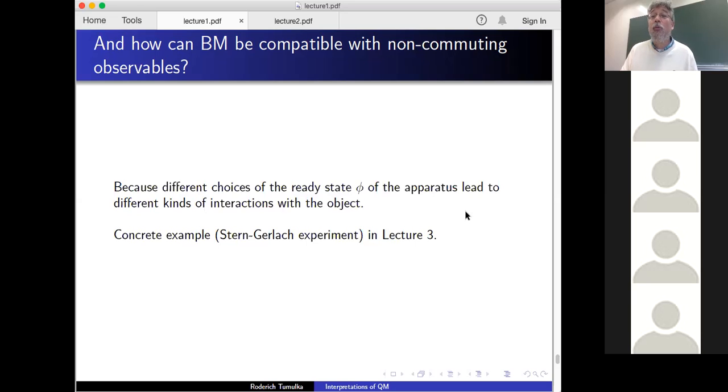So we know for a fact that there is no such conflict. And when you think about where that comes from, it's essentially because different choices of the ready state phi of the apparatus lead to different kinds of interactions with the object. We'll see a concrete example of that in lecture 3.